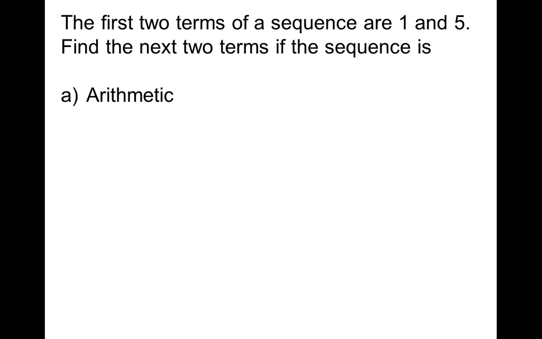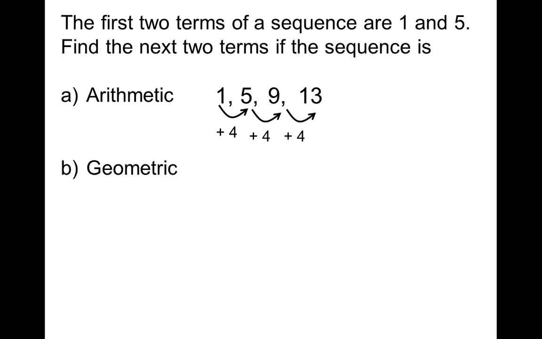If it's an arithmetic sequence, then we know that to get from one number to the next, we always add the same thing. So to get from 1 to 5, we add 4. So to continue this sequence, we need to add 4 again. So 5 plus 4 is 9, and 9 plus 4 is 13. Now what if it's not an arithmetic sequence? What if it's geometric? Well, that means there's a multiplier.